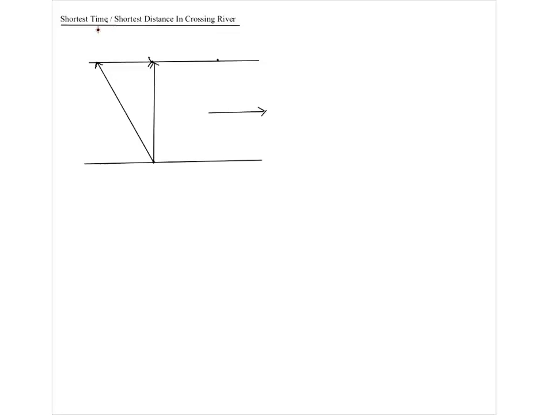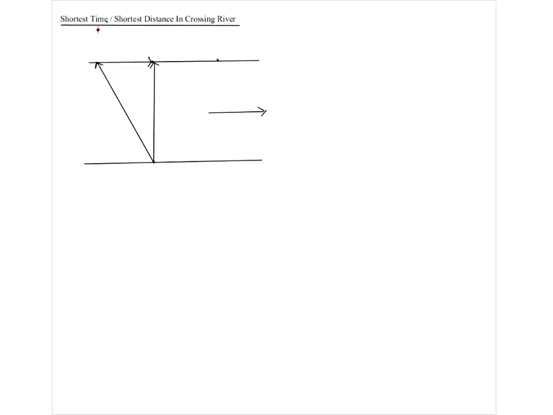Just see your notes. A man can swim in still water at a speed of 3 km/h. He wants to cross a river that flows at 2 km/h and reach the point directly opposite to his starting point. In which direction should he try to swim? How much time will he take to cross the river if the river is 500 meter wide? You remember that 500 meter wide river problem?